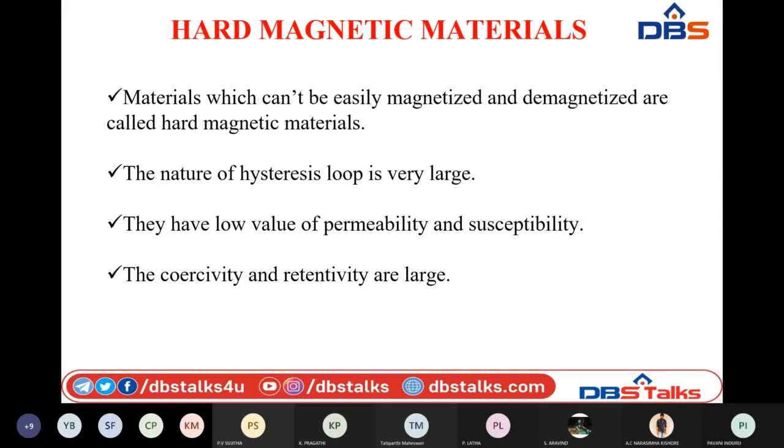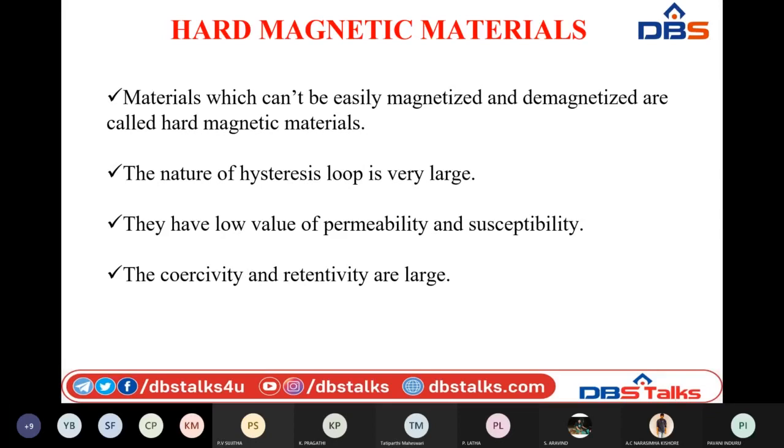And these have very low values of permeability and susceptibility, because they require a high amount of energy to make them magnets and to demagnetize them. They don't easily allow the magnetic lines of force generated from the external magnetic field to pass through them.